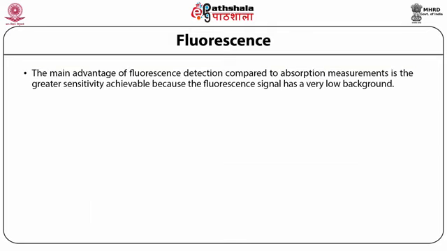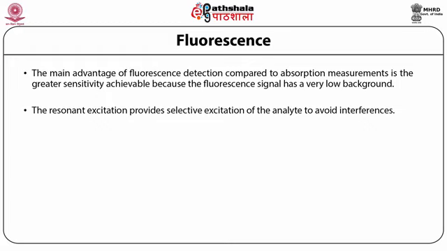The main advantage of fluorescence detection compared to absorption measurements is the greater sensitivity achievable, because the fluorescence signal has a very low background. The resonant excitation provides selective excitation of the analyte to avoid interferences.